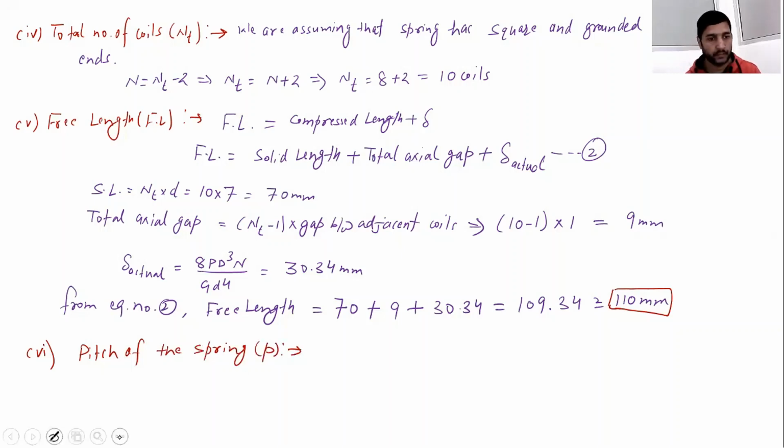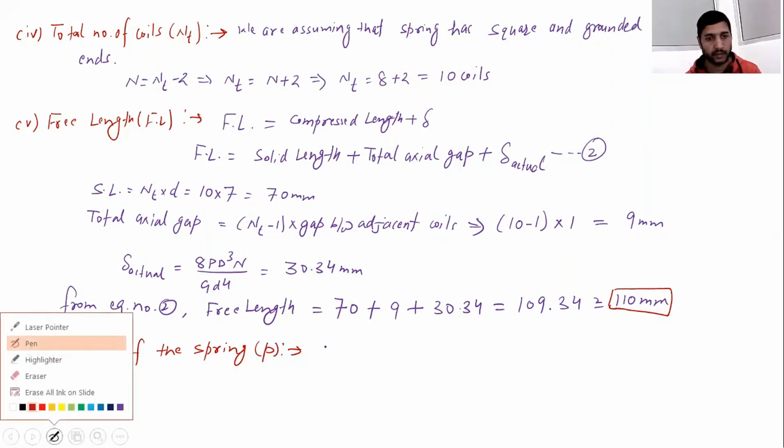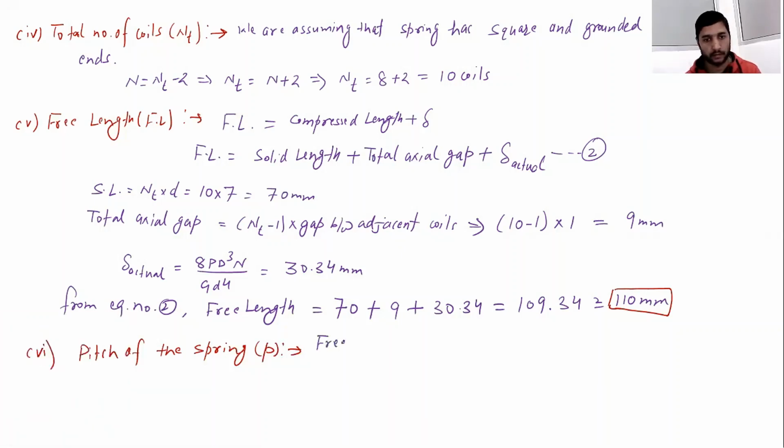As we know, the pitch of the spring is free length divided by total number of coils minus 1. This was the formula. Now free length is, we have 110, अभी निकाला हमने ऊपर, divided by 10 minus 1, and when you solve this it will be 12.15 mm.